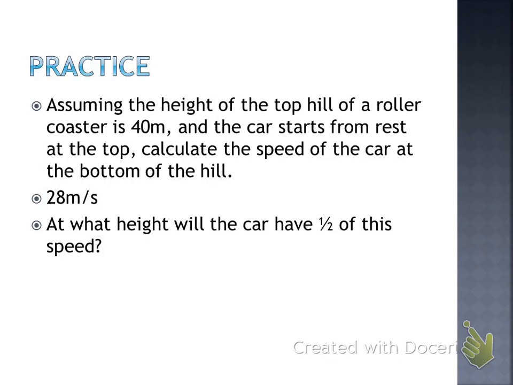Now we want to find out what height the car will have at half of this speed. So let's look at our roller coaster again. At the top, we've got all potential energy. At the bottom, we have all kinetic, and we know here it's traveling 28 meters per second.